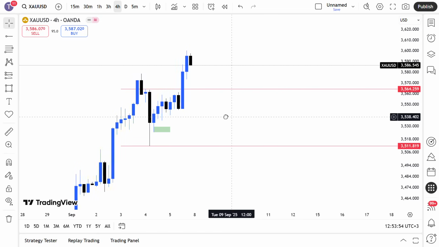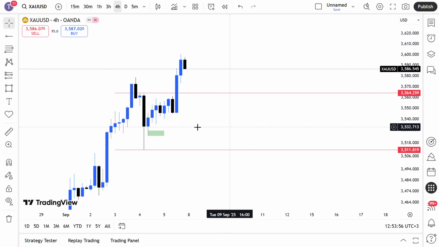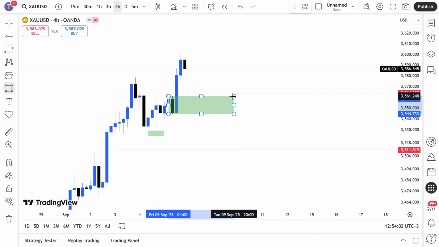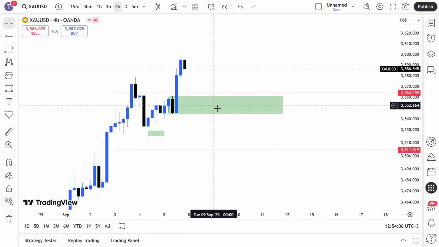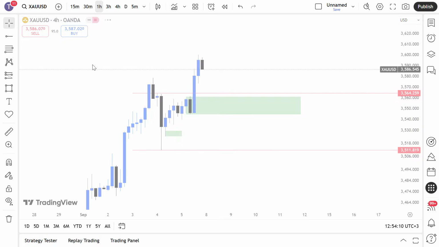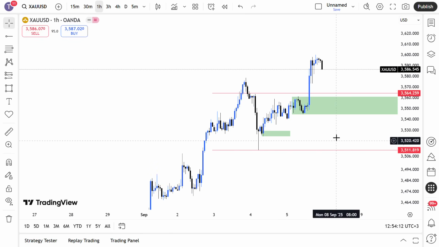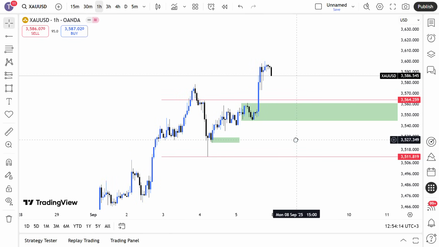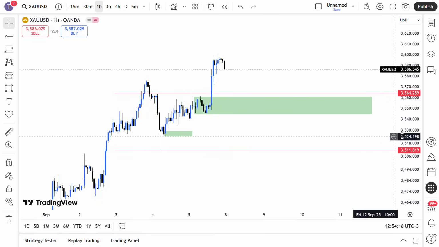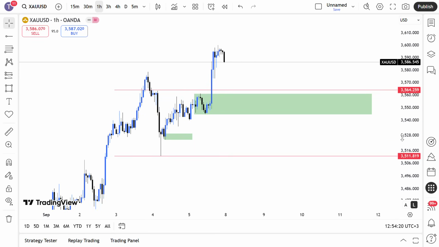So in this case, we have the daily order block, and in this case, we have this 4 hour order block that is being left behind at this point. And I will try to look for a reaction from this area. But remember that if we have a break of structure, one or two internal structures will be taken out before any movement or any momentum to the upside.